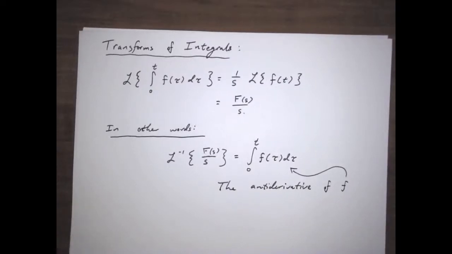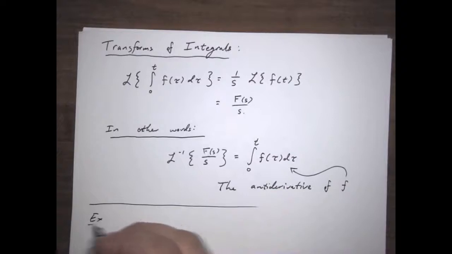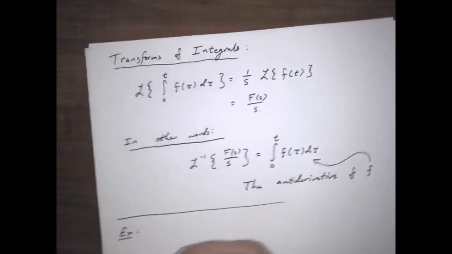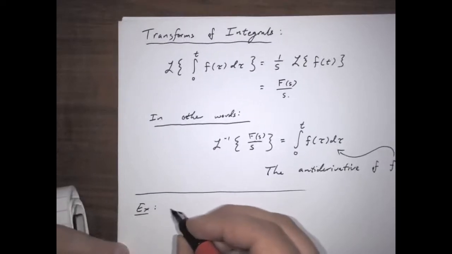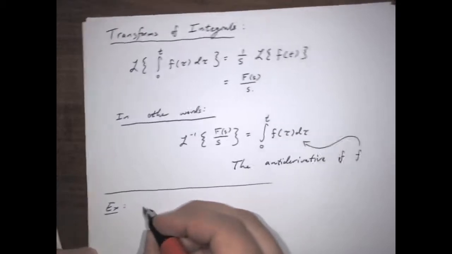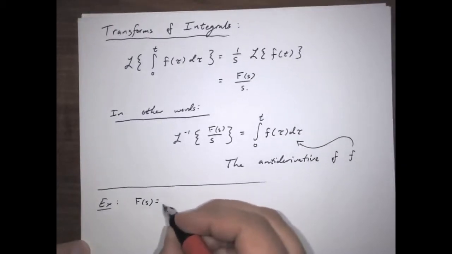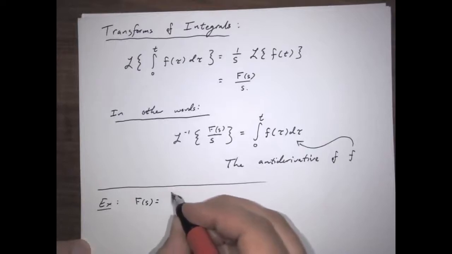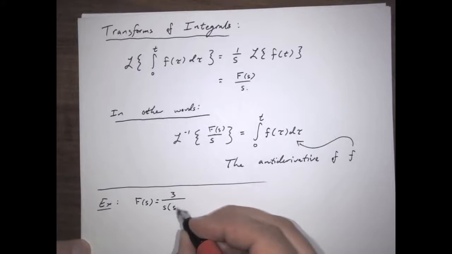So, for example, let's take something we know, like this. Let's say we wanted to find the inverse Laplace transform of F of s equals 3 over s times s plus 5.